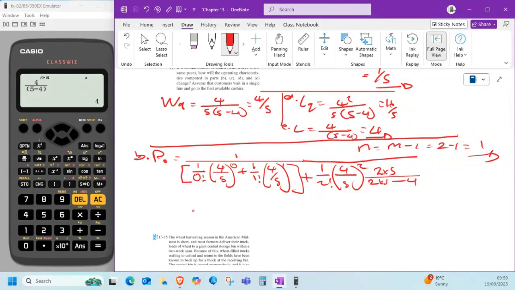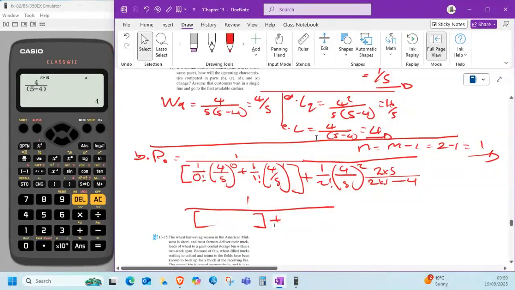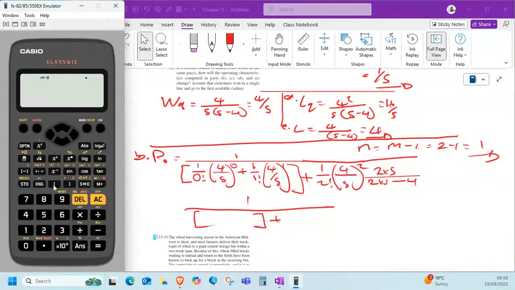And then as for the summation, you need to look for the values that are under this bracket. They're going to be 2 values that are in summation. Then you look for the rest. So now you clear, open bracket 1 over 0 factorial.